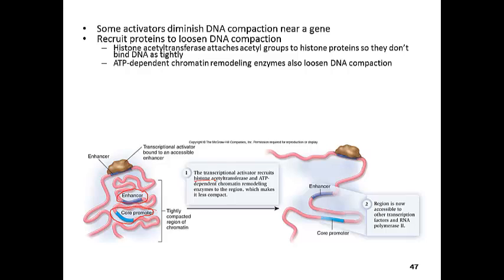There are enzymes called histone acetyltransferases, which regulate the activity of histones through the addition of an acetyl group. Once I modify those histones, the region is, as it says here, remodeled, making it less complex. Now this enhancer is accessible, as well as this core promoter, which allows for transcription.